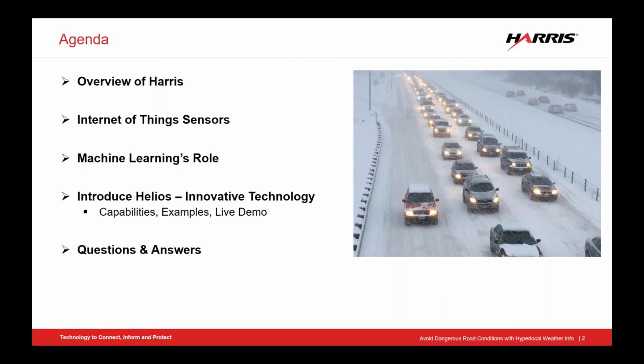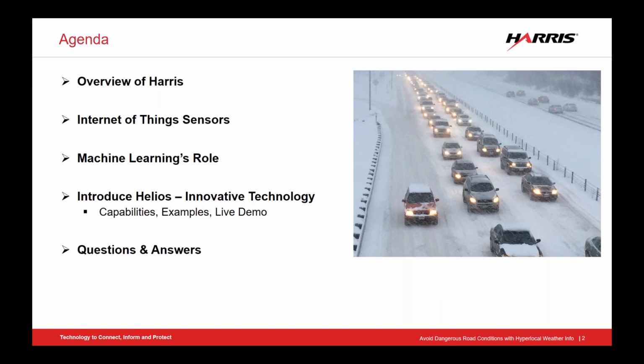And then I'm going to talk a little bit about how the convergence of some of these technologies with machine learning is playing a role to help us solve some of these problems that we see in the weather and transportation space. I'll give you an introduction to Helios, which is a product from the Harris Corporation that is actually implementing these new technologies.